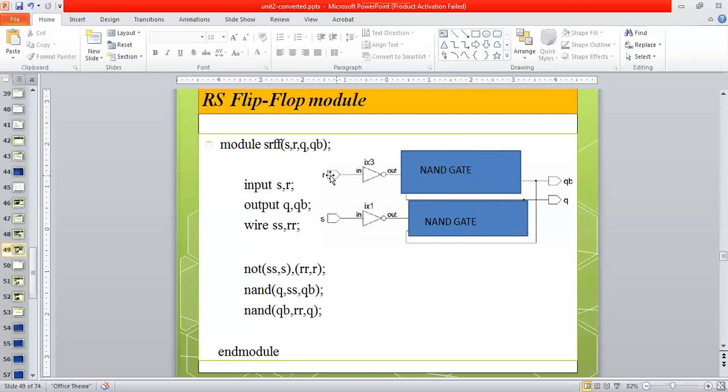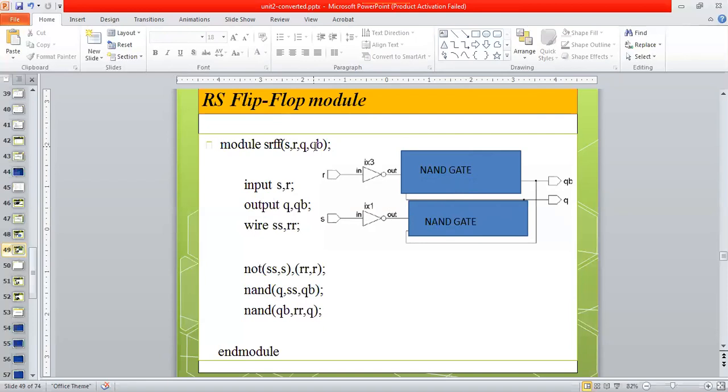Okay, students, here I am applying the inputs after inversion, so we are getting the value Q as well as the Q bar value. What are the inputs for this RS flip-flop circuit?